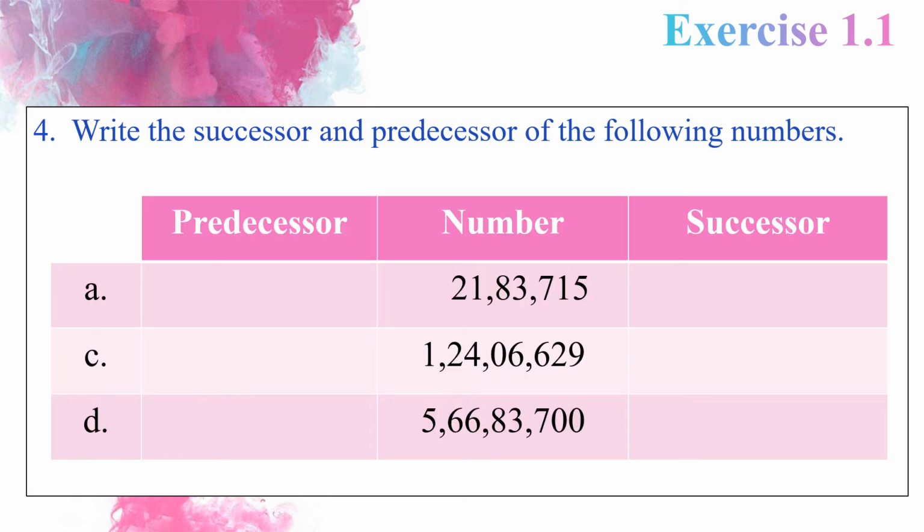The first A question, 21 lakh 83,715. The predecessor is 21 lakh 83,714 and the successor is, we need to add 1 to the number. Therefore, we get 21 lakh 83,716.